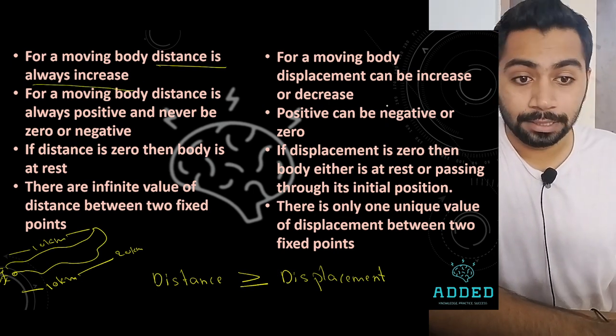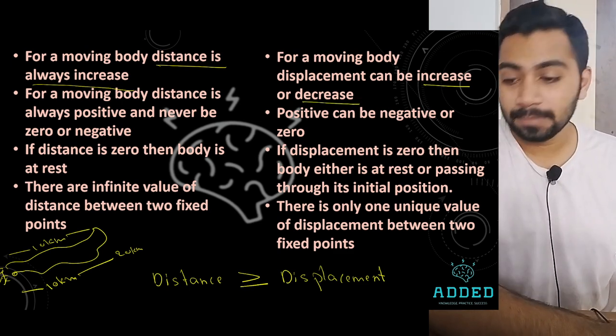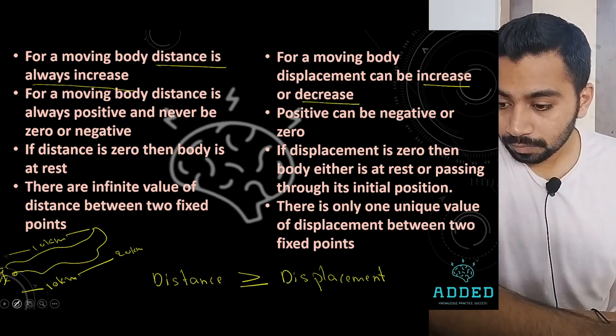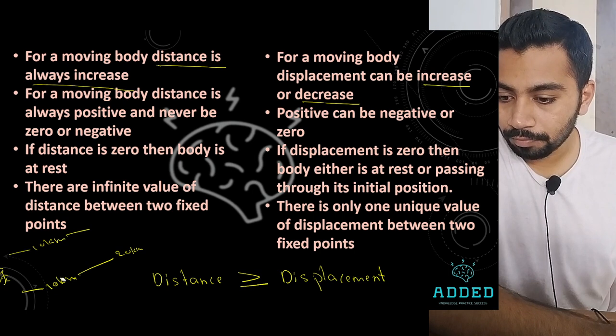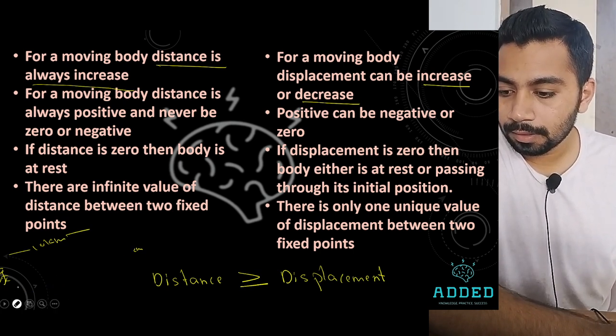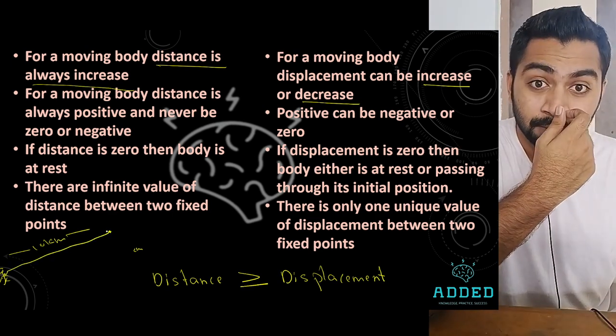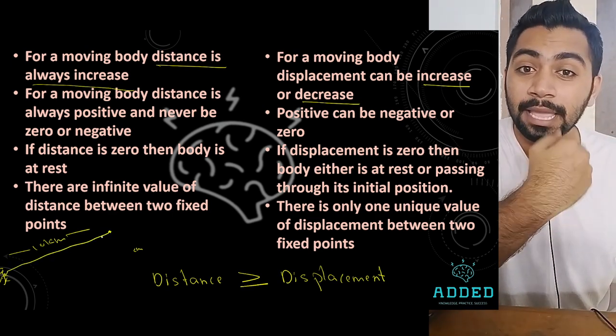But displacement is not like that. Displacement can be increased, can be decreased. See, I will explain here itself. How? Okay. See here. Now, if this boy travels up to here, 10 kilometers distance, displacement increases.